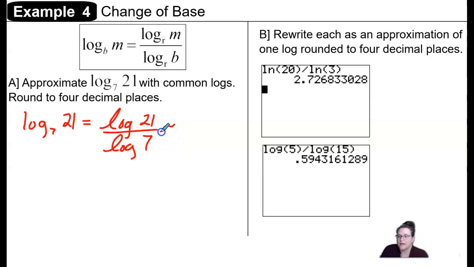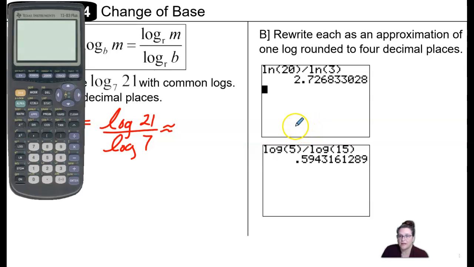And then in the calculator, we're going to use our log button to evaluate that expression. So we'll take the log of the argument divided by the log of the base, and we get approximately, rounding to 4 decimal places, 1.5646.